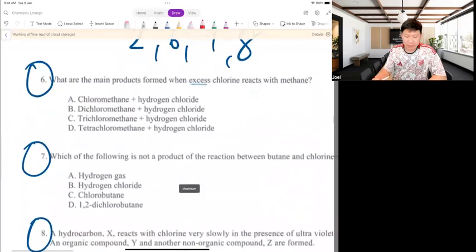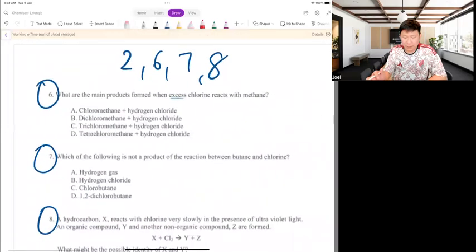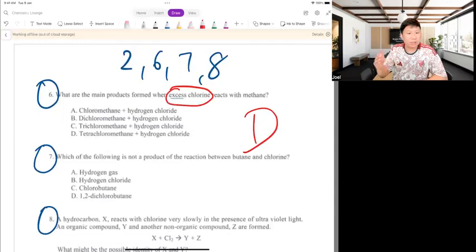Now, this is a bit weird, but my practice is a bit weird. So excess chlorine. What's the answer? Okay, D. This is weird, you know why? Excess chlorine means the reaction keeps continuing. Remember I told you I draw until I die.